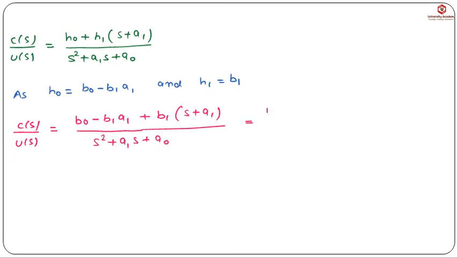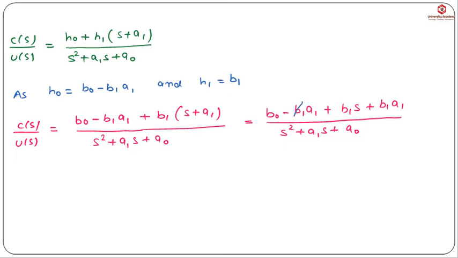So let us expand this. It will be equal to b0 minus of b1 a1 plus s b1 into s, then we have plus b1 into a1, divided by s square plus a1 s plus a0.